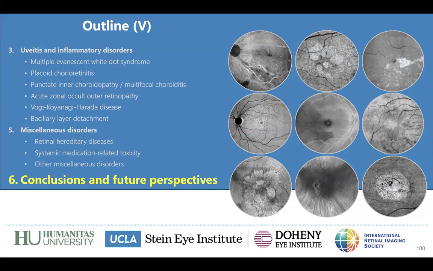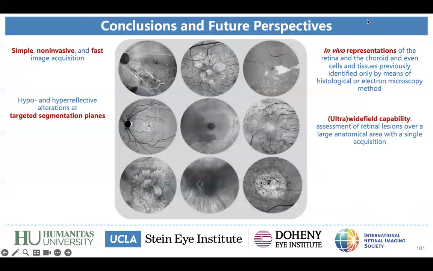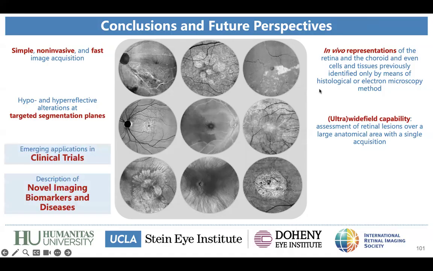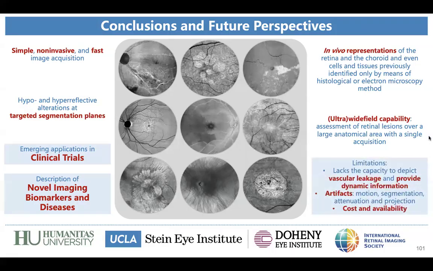As we were mentioning at the beginning, we all know the advantages of ultra-widefield OCT, and as we discussed together, of course, it can also be used to describe new diseases and new biomarkers, and it has emerging applications in clinical trials. But as we were just discussing 30 seconds ago, it also has, unfortunately, limitations, especially artifacts, its cost and availability, but also the absence of the possibility to detect vascular leakage and provide dynamic information.